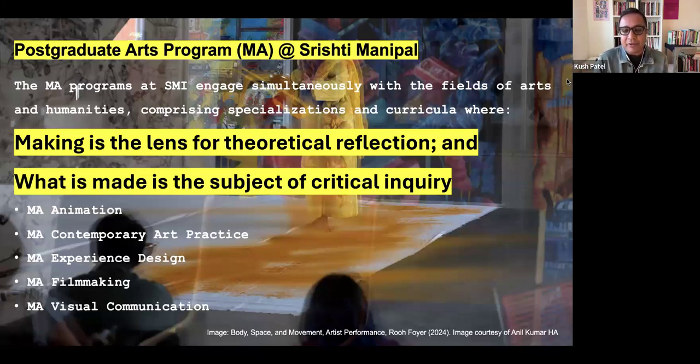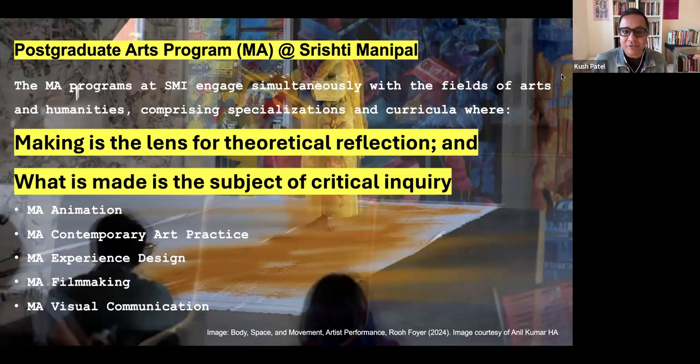So the MA programs, from animation to contemporary art practice to experience design, filmmaking, and visual communication, all coalesce around this idea of making and extend the concept of making in unique ways, unique to their programs, but also unique to the kinds of career practices specific to those programs.